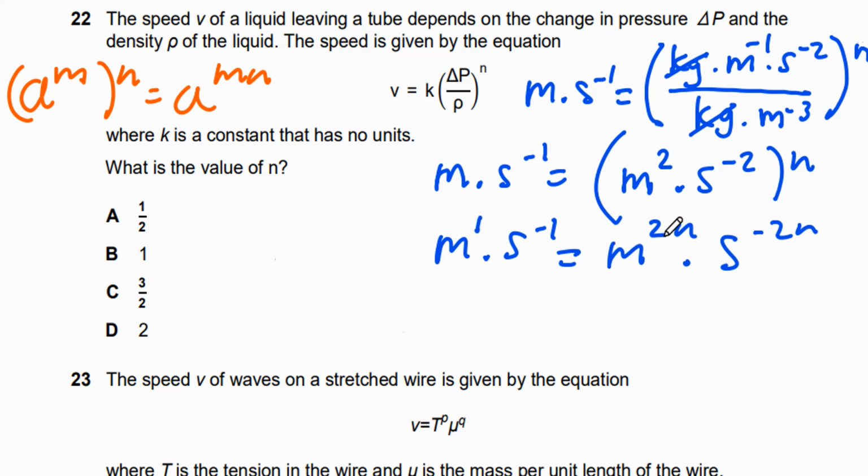On the right-hand side we have m to the power 2n. So that means that 2n must equal 1. And we can solve for n here, and n is equal to 1 over 2, or a half. So the answer here is going to be A.